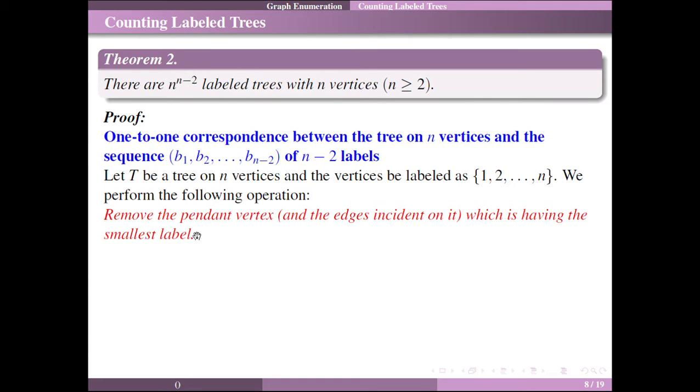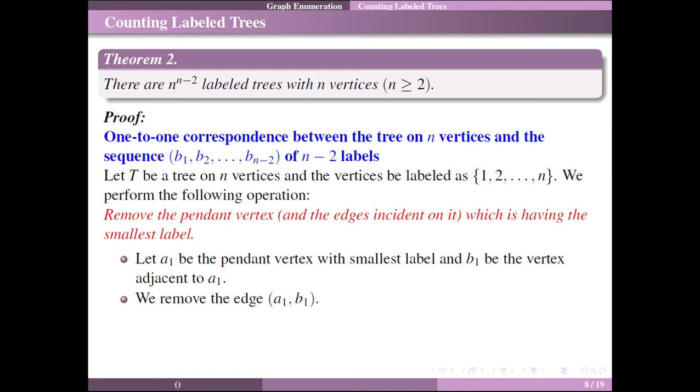Remove the pendant vertex having the smallest label and the edge incident on it. To start with, suppose that A1 is the pendant vertex with the smallest label and B1 is the vertex adjacent to A1. Then we remove A1 and the edge A1B1.